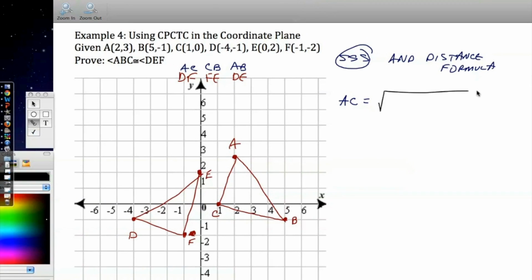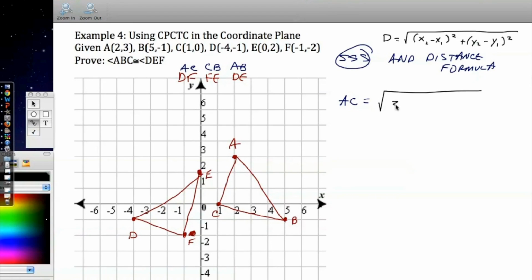Up top here I'm going to write out the distance formula. Some of you are remembering this on your own. D is equal to the square root of x2 minus x1 squared plus y2 minus y1 squared. Okay, so let's plug this in. A and C here.